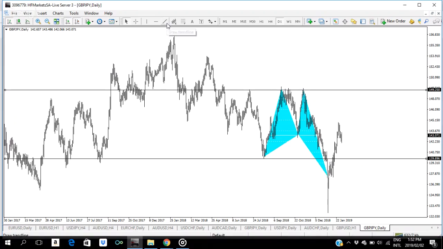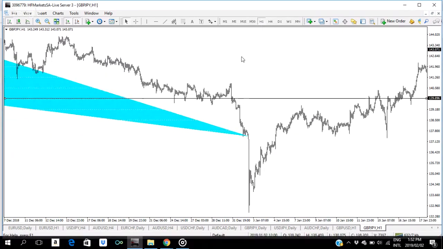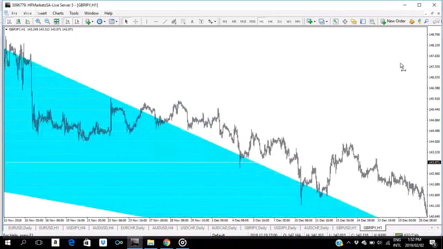All right, so this harmonic pattern, as you can see, tells you that the market is going to be a buy. I hope you know what I'm talking about when I say harmonic patterns. This is basically what I'm talking about.